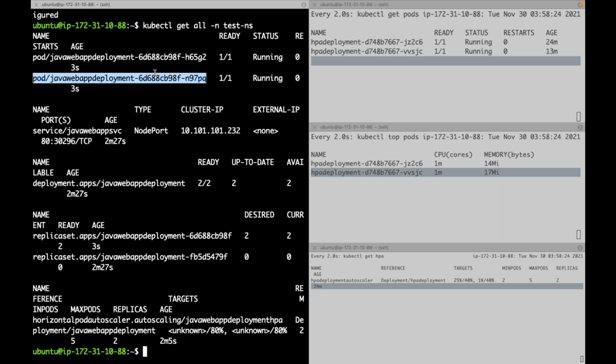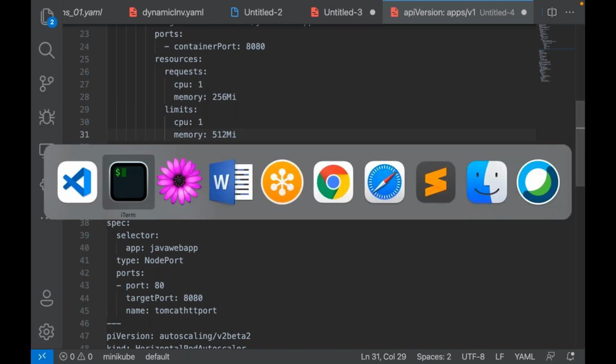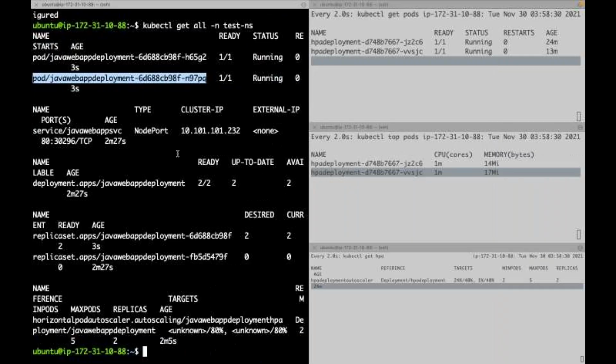If each pod is requesting maybe 200 millicore and I don't have that much CPU available, will the pods come into the running state, whether HPA scaled or manually scaled? No. But will any node be added automatically, since it's a self-managed Kubernetes cluster, if some pods are in pending state? No.